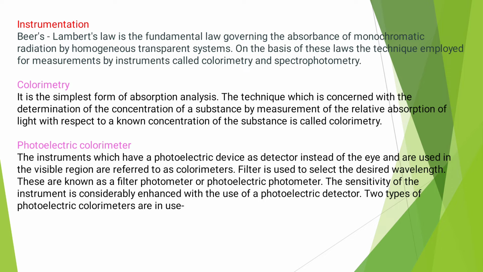So what is the difference between a colorimeter and a photoelectric colorimeter? In the photoelectric colorimeter we use a photoelectric device as a detector instead of the eye, and we use filters or filter photometers, which enhance the sensitivity of the instrument compared to colorimetry.